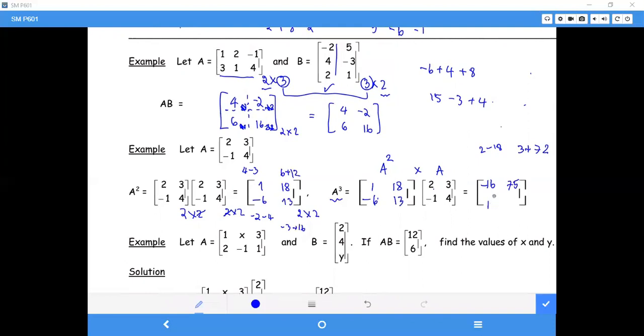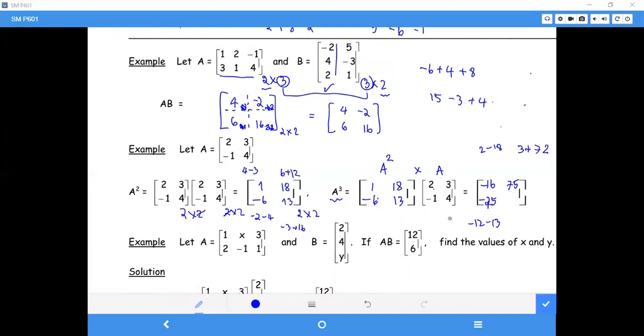Right? And then let's go to the next one. This and that, that will be negative 12. And then second row, first column: 13 times negative 1 is negative 13. So you add them, it will be negative 25. Yeah, negative 25. The last one, right?